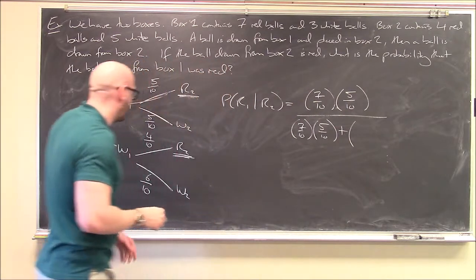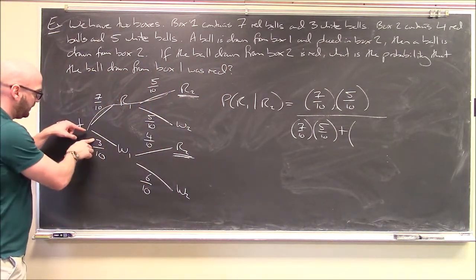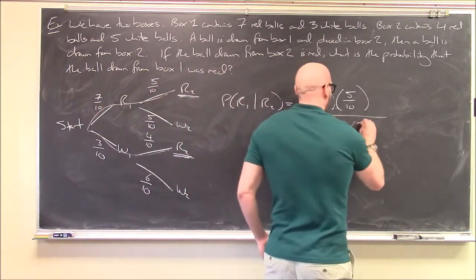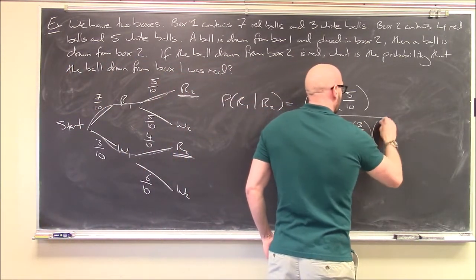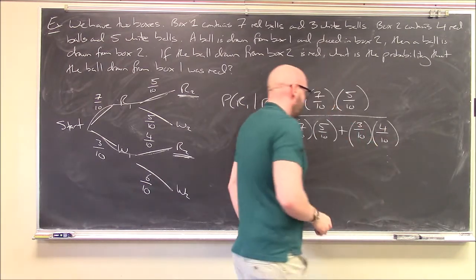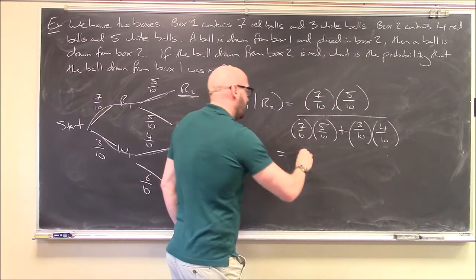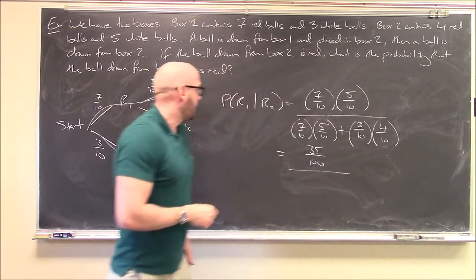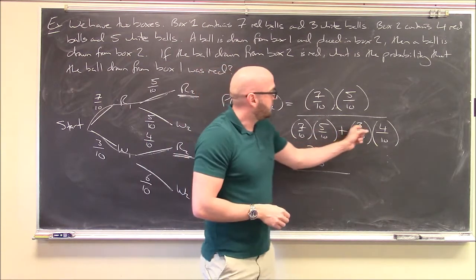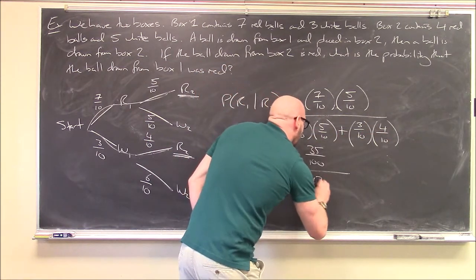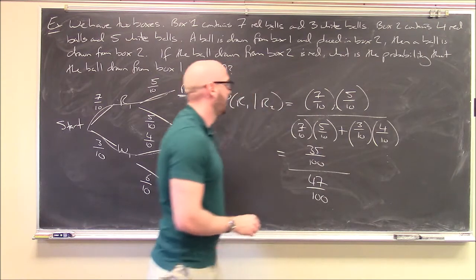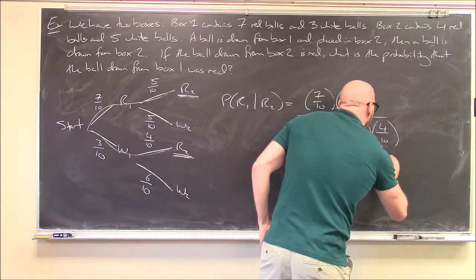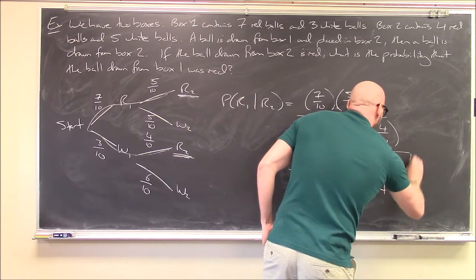Plus, there's another way to get to R2, plus 3 over 10 times 4 over 10. So this is 35 over 100 over 35 over 100 plus 12 over 100 is 47 over 100. Flip the bottom, multiply it, you get 35 over 47.